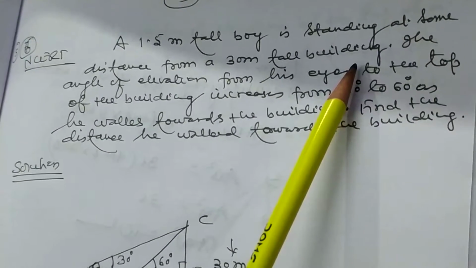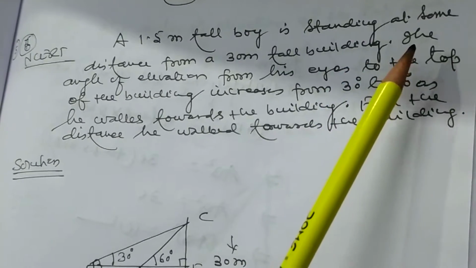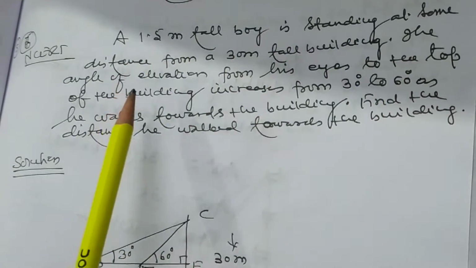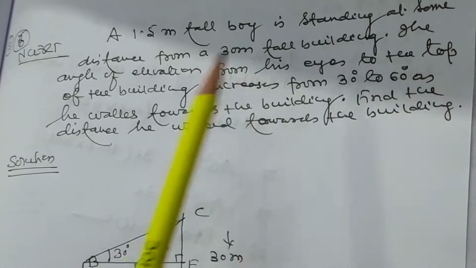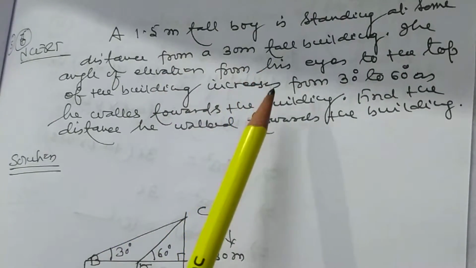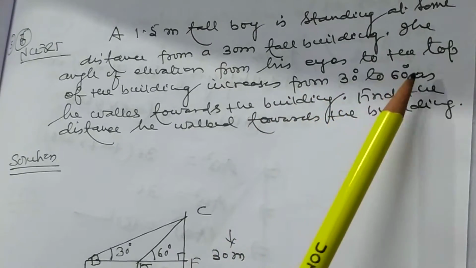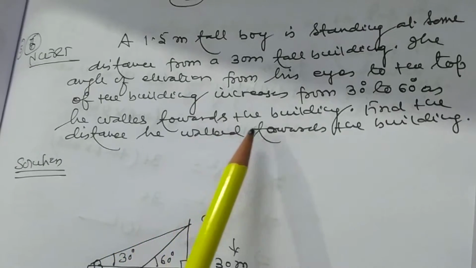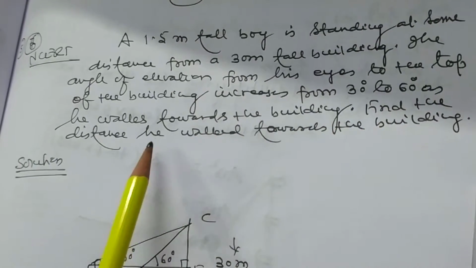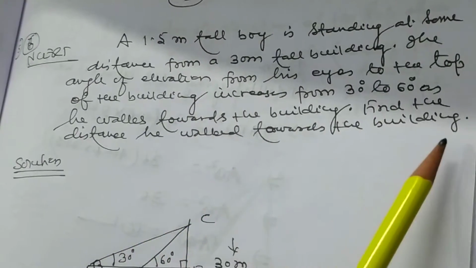The angle of elevation from his eye to the top of the building increases from 30 degree to 60 degree as he walks toward the building. Find the distance he walked toward the building.